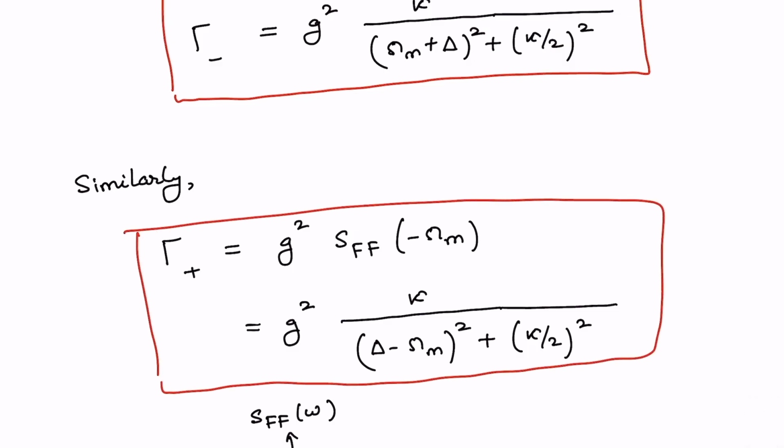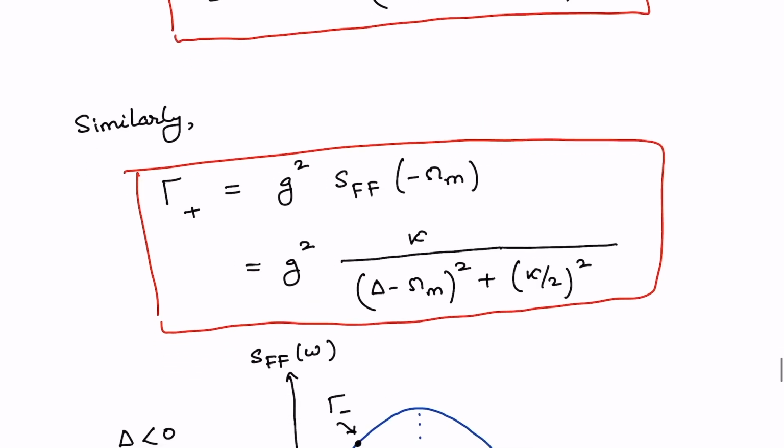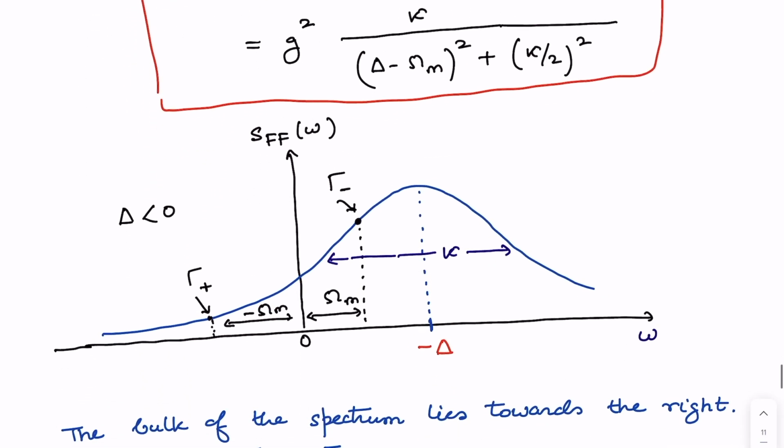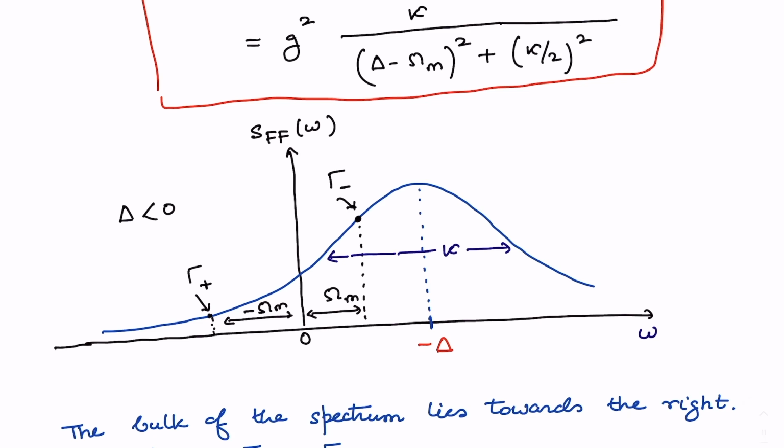In fact, you can plot the spectrum as a function of frequency, and this is what you are going to get. You can do that for delta less than 0, when this laser radiation is red-detuned. Then you are going to get this plot. From this plot you see that the peak is around omega equal to minus delta.